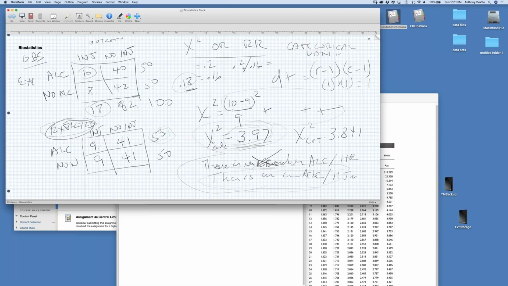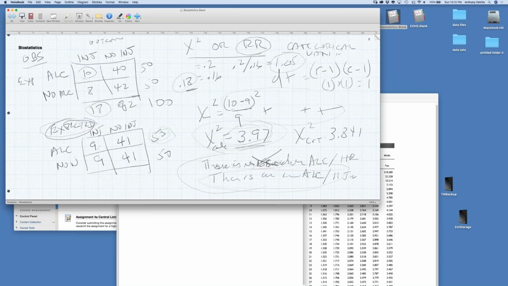And that comes out to something like 1.25. So you are 1.25 times more likely to have a head injury if you are drinking than if you're not drinking, right? So that's called our relative risk or risk ratio, because the risk is a ratio of the 2 risks.